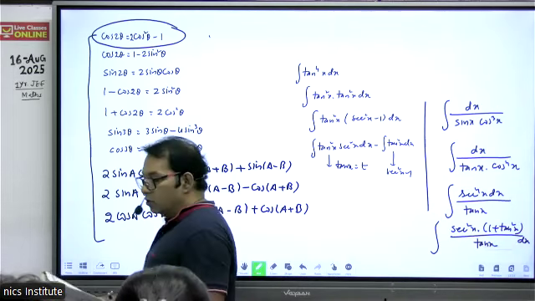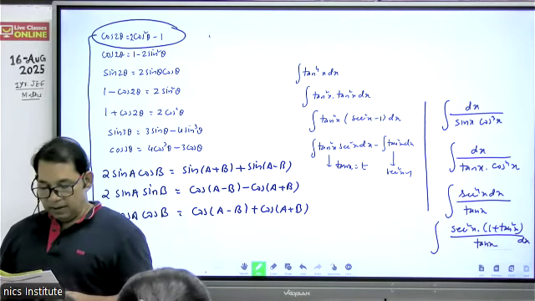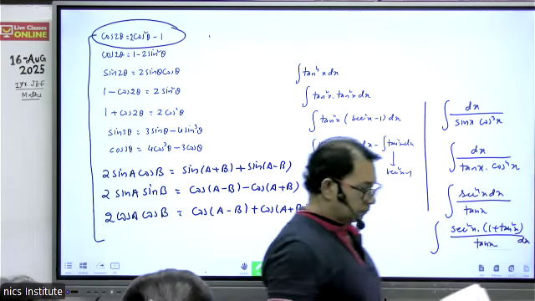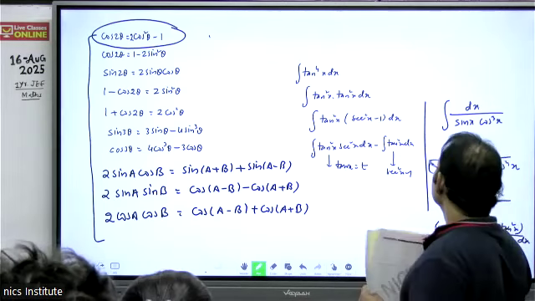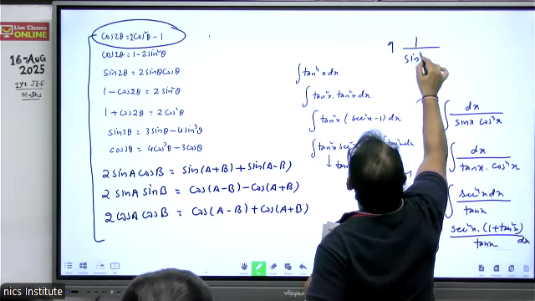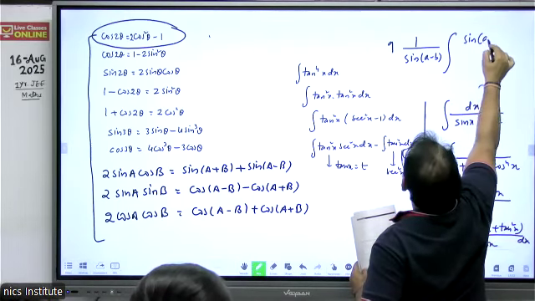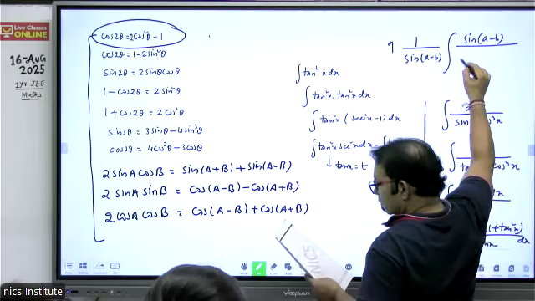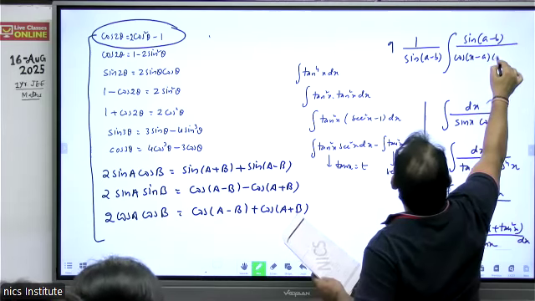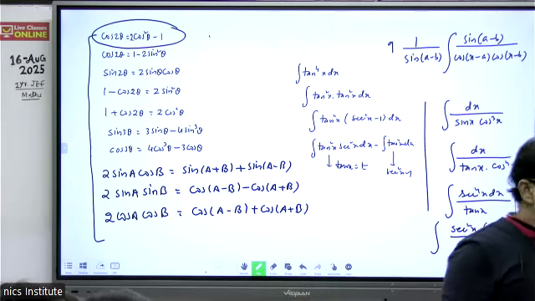In the denominator, you have cos, so you multiply by sine a minus b and divide by sine a minus b. Whenever you have cos or sine, this is what you have to do. Multiply by sine a minus b and divide by sine a minus b.